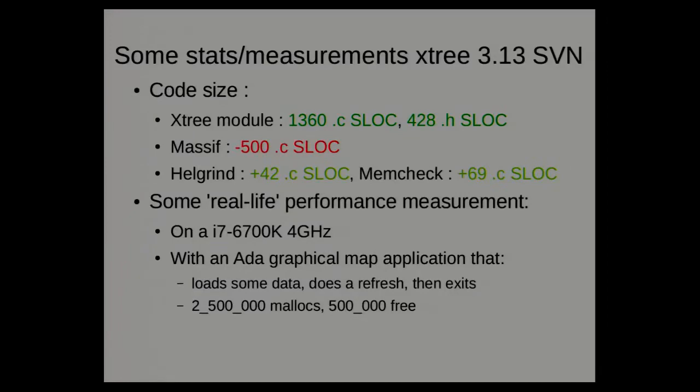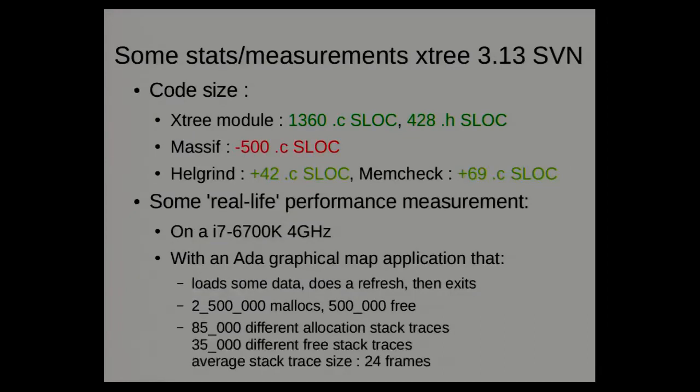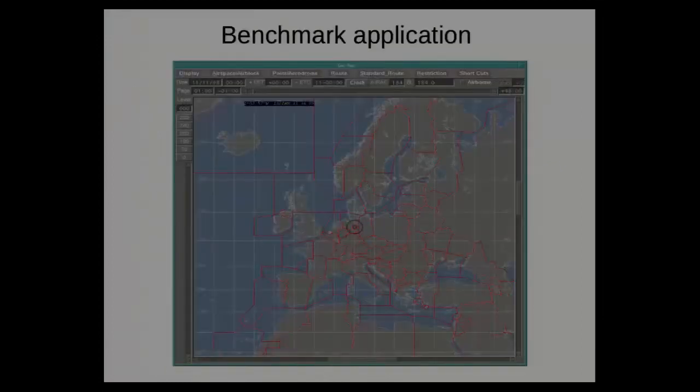It's doing 2.5 million mallocs and 500,000 frees. In total, this application has 85,000 different allocation stack traces, 35,000 different free stack traces, and an average stack trace size of 24 frames.